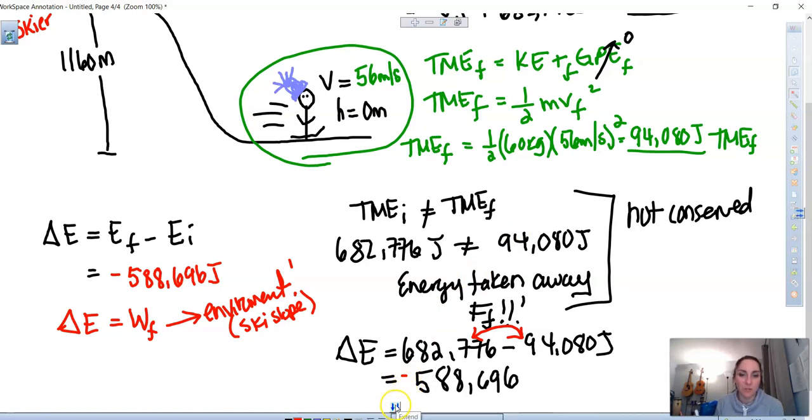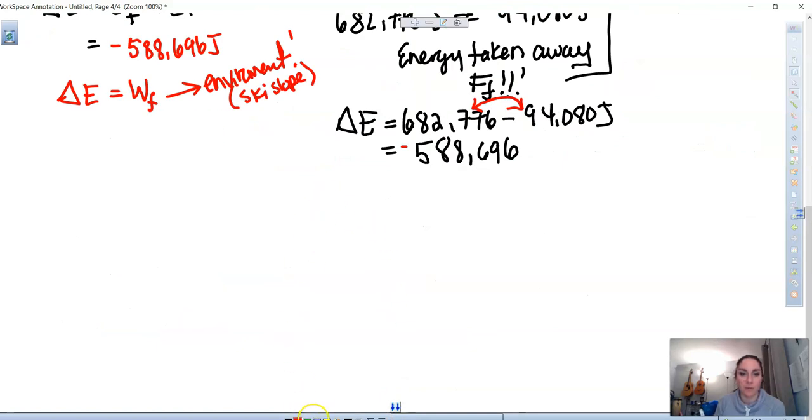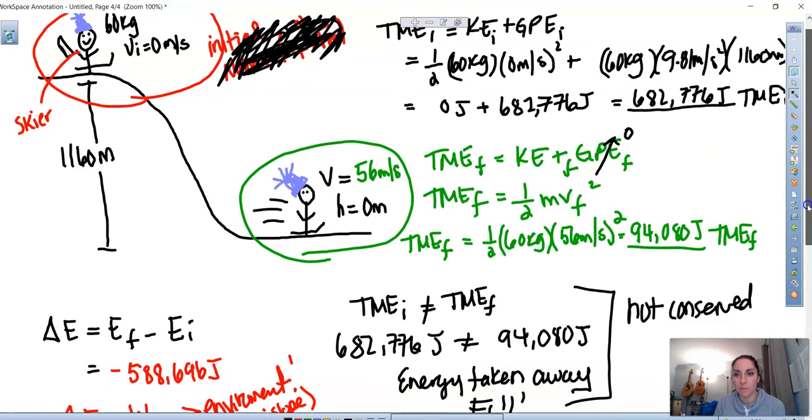So as a fun exercise, what happens if all of my energy was conserved? Well, then if 682,776 joules of energy went to my final energy, let's see how fast I would go. So let's say that equals my final kinetic energy, which is what we found.